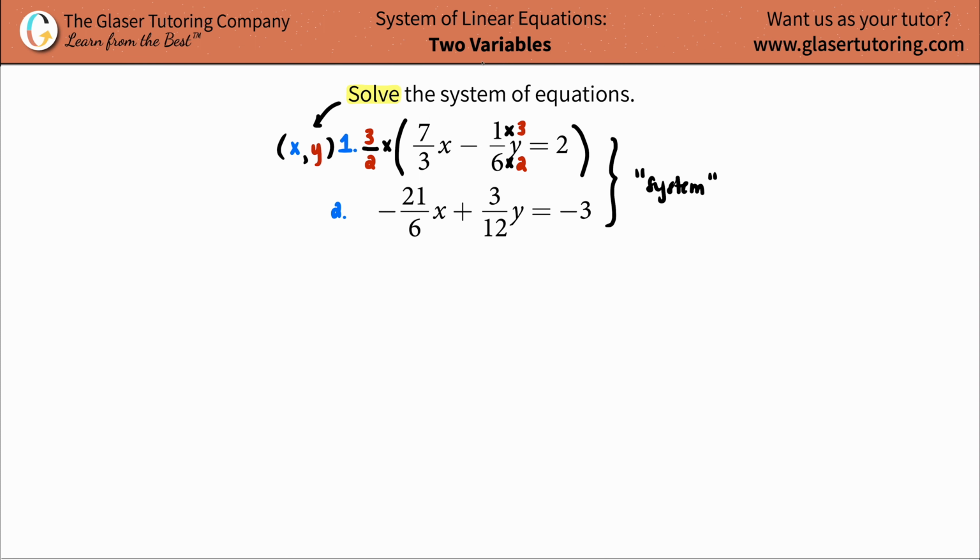But you have to be fair, which means that if I'm multiplying this by 3 over 2, I have to multiply the whole entire equation by 3 over 2. So this 7 over 3, I have to take that 7 and times it by a 3, because that's the numerator number, and I have to take the bottom number and times it by a 2. And the same thing goes for this one.